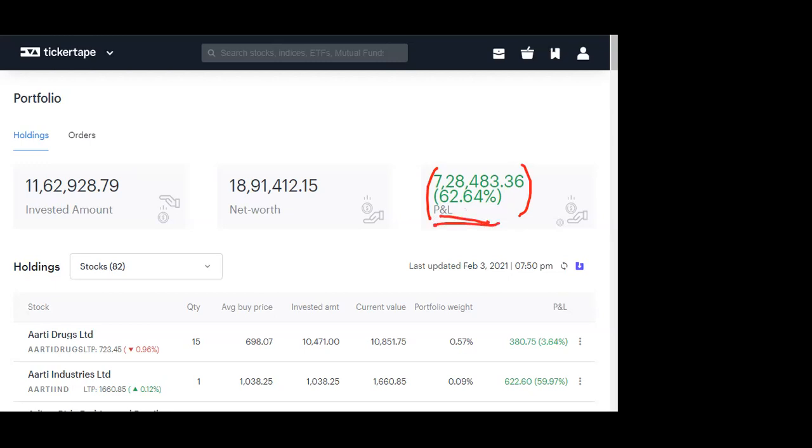This is not my real profit, by the way. I'm just showing you this dummy one. But I hope all of you can understand that you can earn a lot if you're smart.